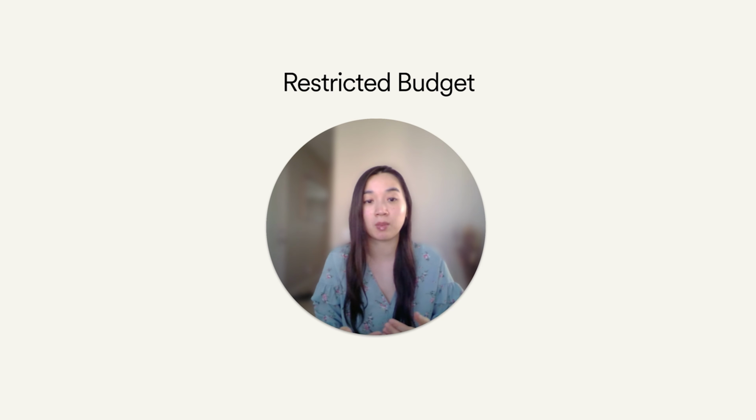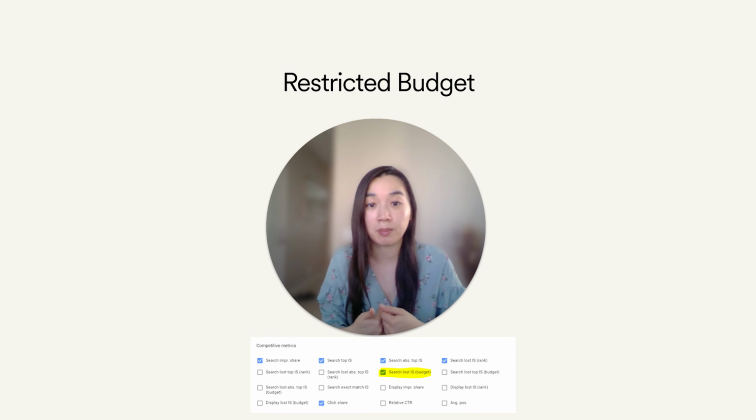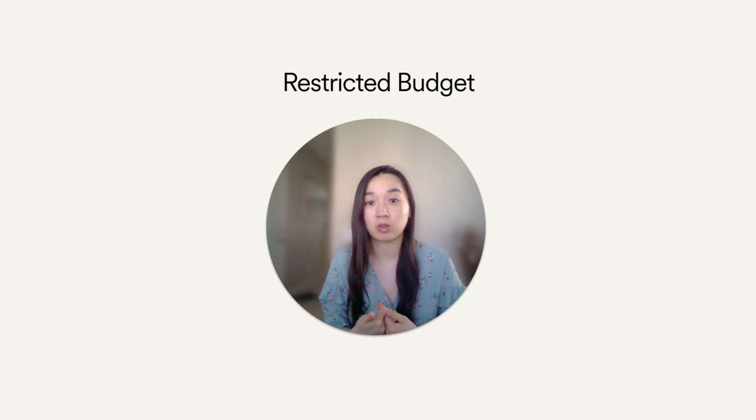So it's really important to make sure you're funding enough in your campaign, and a metric that you can look at within Google Ads that will give you a clue on whether you are being restricted by budget is something called search impression share lost to budget. This is a column that you can pull in within Google Ads that will show you the percentage of the time that you were not able to show your ad because of your restricted budget.